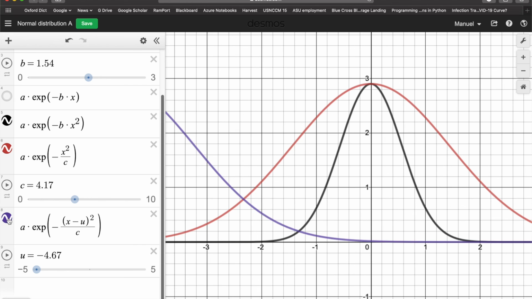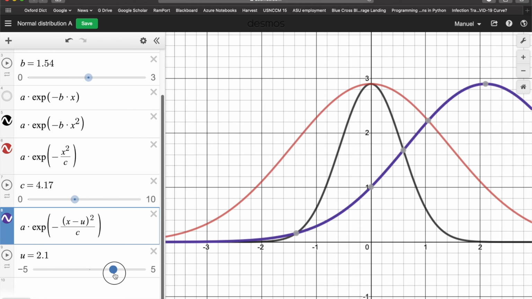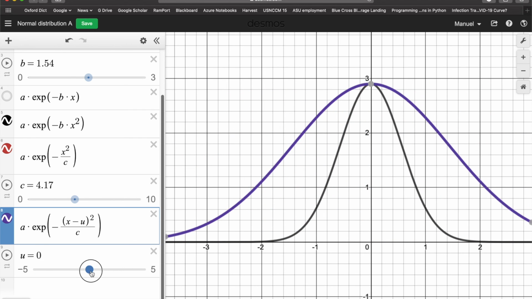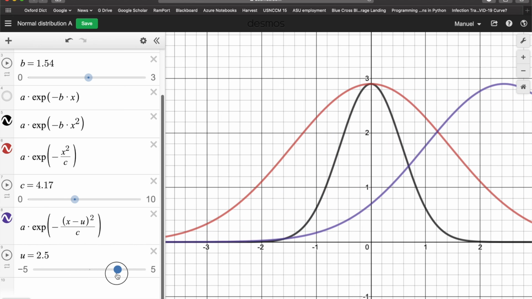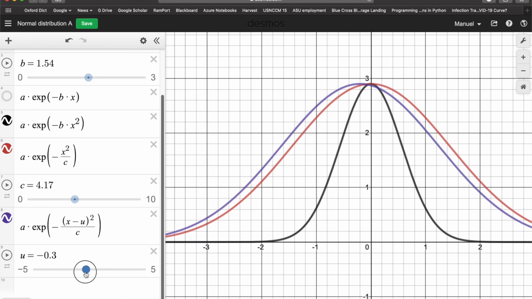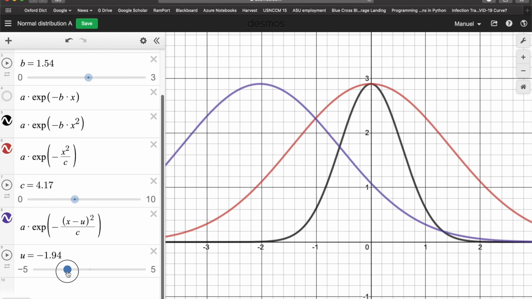Now, in this case, what I'm going to do is translate the function by subtracting, x minus u. So we have u. Let's say u equal to 0 should be equivalent to going back to the original function, and if u is a positive number, it is going to move to the right, and if it's a negative number, it is going to move to the left.